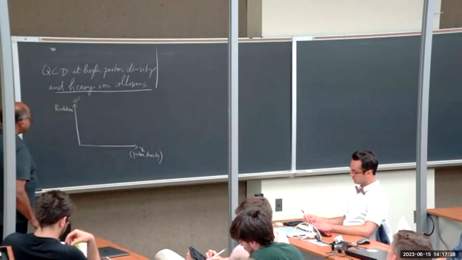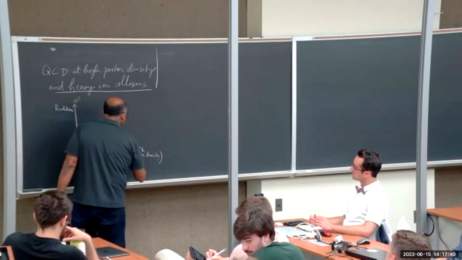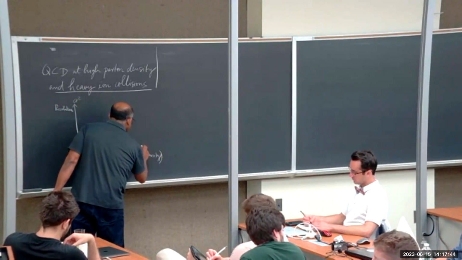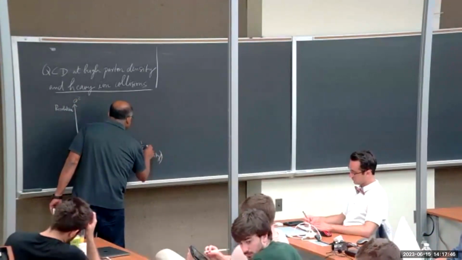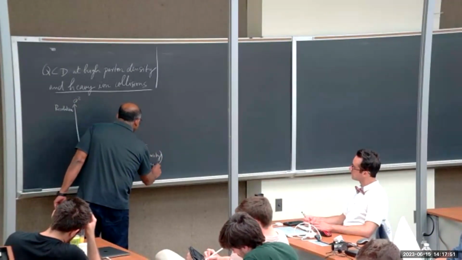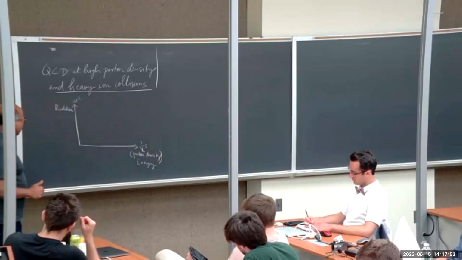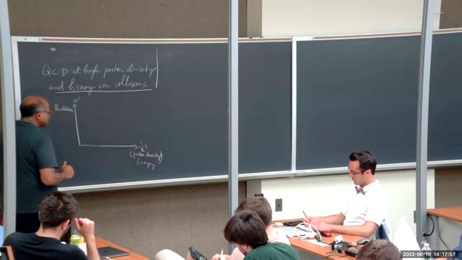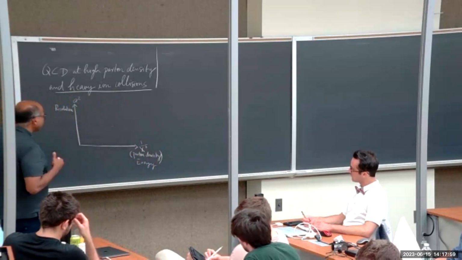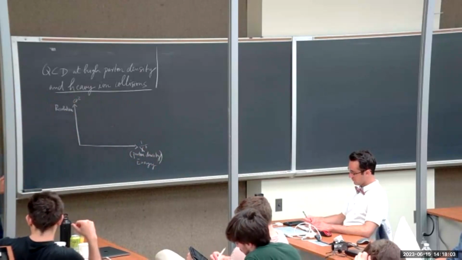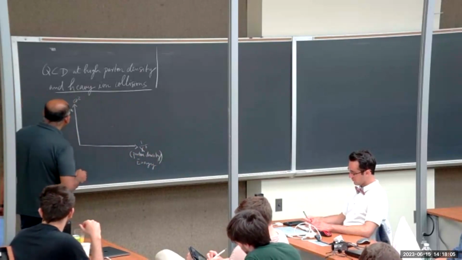And this is energy also, so I can write this as one over x to some power. So as you go to smaller values of x, you're going to higher energies or higher parton densities. And as you go up in Q squared, you're going to finer resolutions.